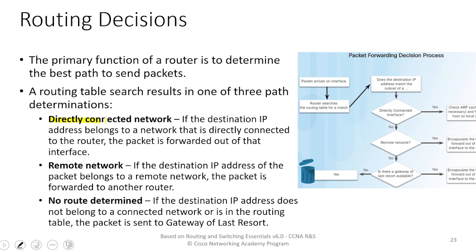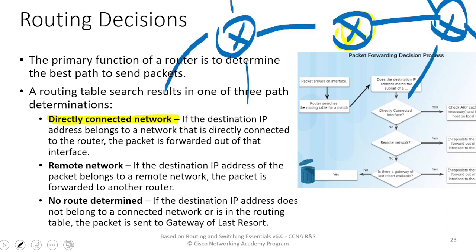One is directly connected networks. We will be directly connecting to networks, and we will know about that. So for example, if we have a router and the router already knows about other networks or routers it is connecting to, and it knows about other network devices or networks through those routers.